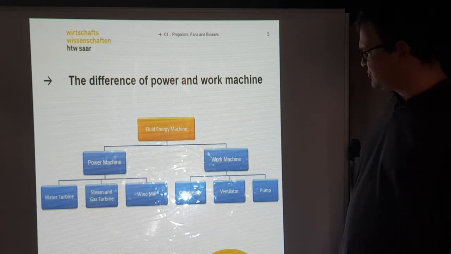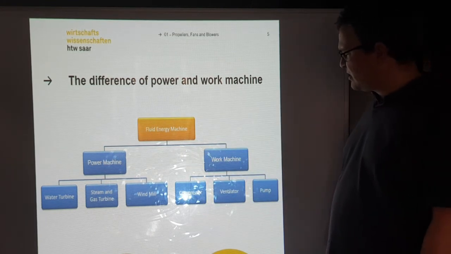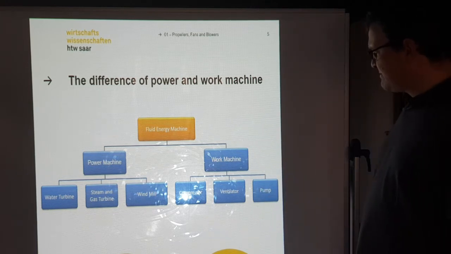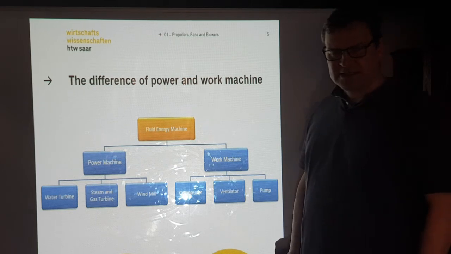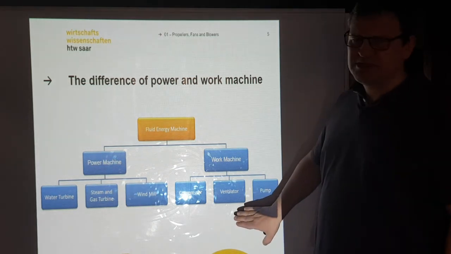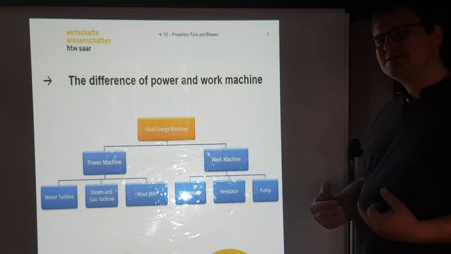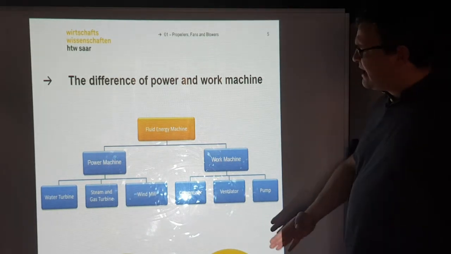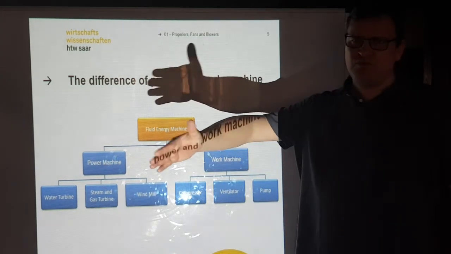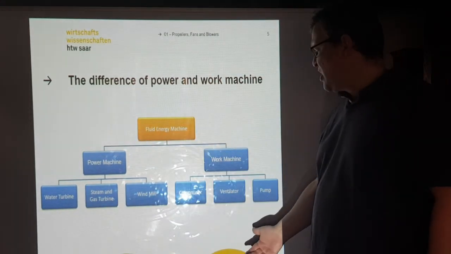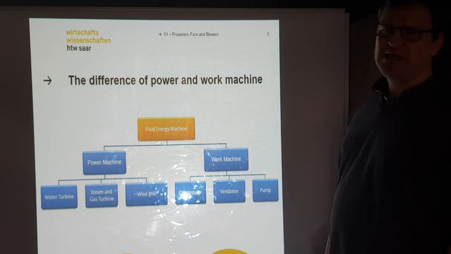So the other part of fluid energy machines, if we look, are work machines. Work machines can be, for example, ventilators. A ventilator looks a bit similar to a windmill, but the principle is totally different. At a windmill, we have moving air and will generate electricity, and it's vice versa at the ventilator.